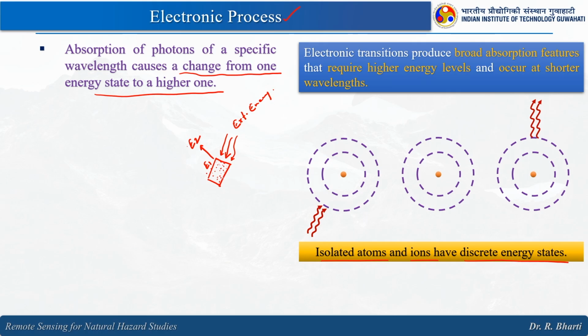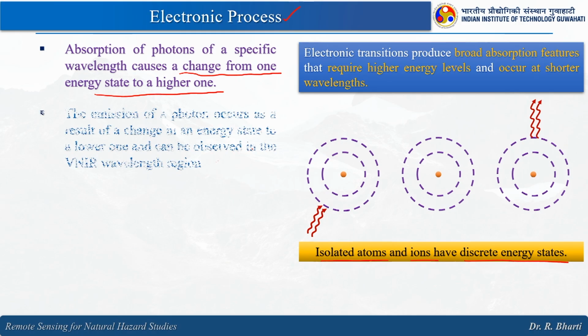To maintain equilibrium again with the surroundings, it has to come down to E1, its own energy state. So, this extra energy will be released and that will produce the characteristic absorption feature, right.